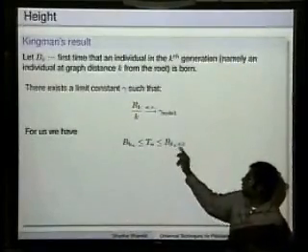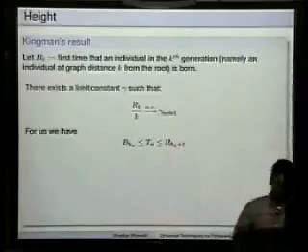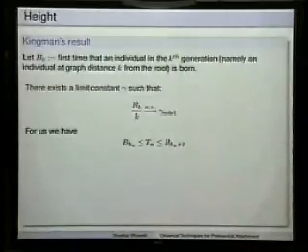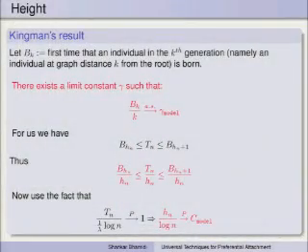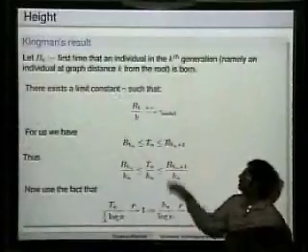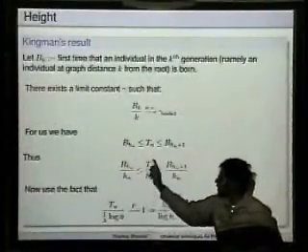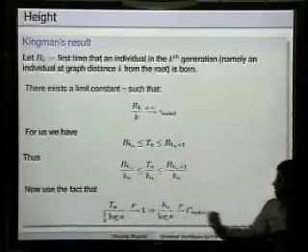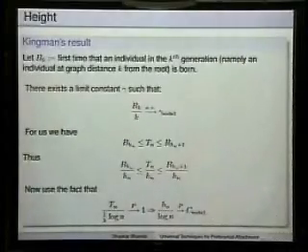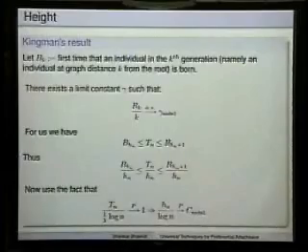But this is less than or equal to the time for a person of height hn plus 1. Then just divide by hn, and use this result and the fact that you know exactly how tn scales to conclude that hn by log n converges in probability to some constant which depends on the model. So model by model you get exactly what the height should scale as.